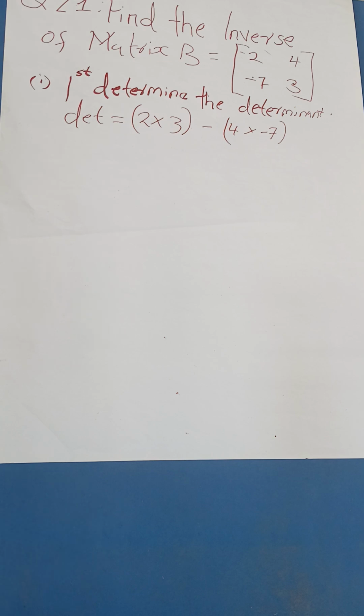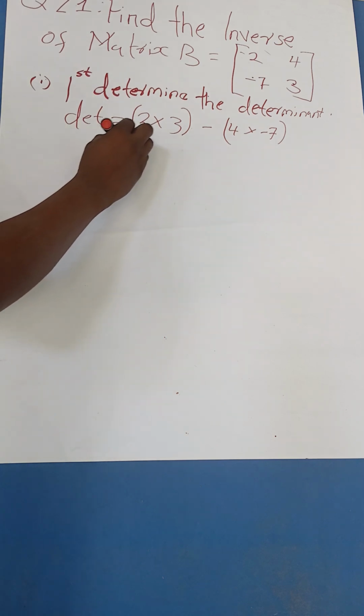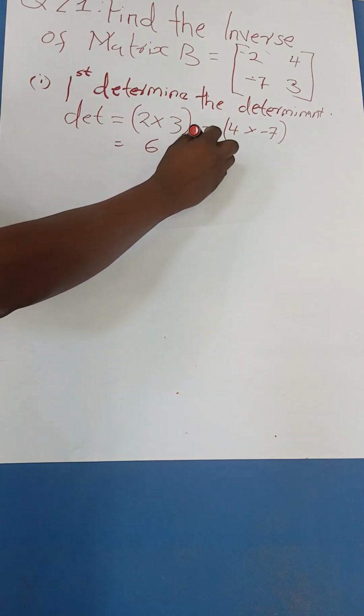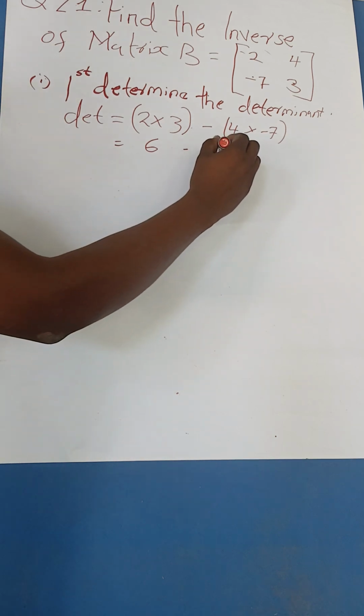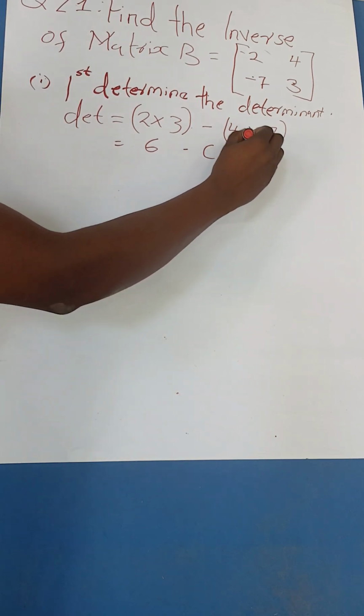Good. The major diagonal, which is 2 and 3, minus the minor diagonal. So, what will be now the answer? Here, it will be 6 minus, in bracket, negative 28.